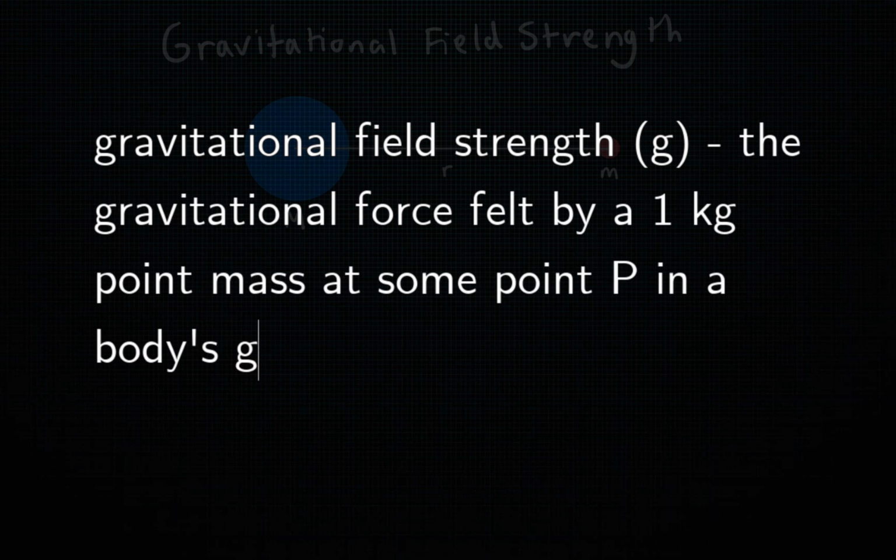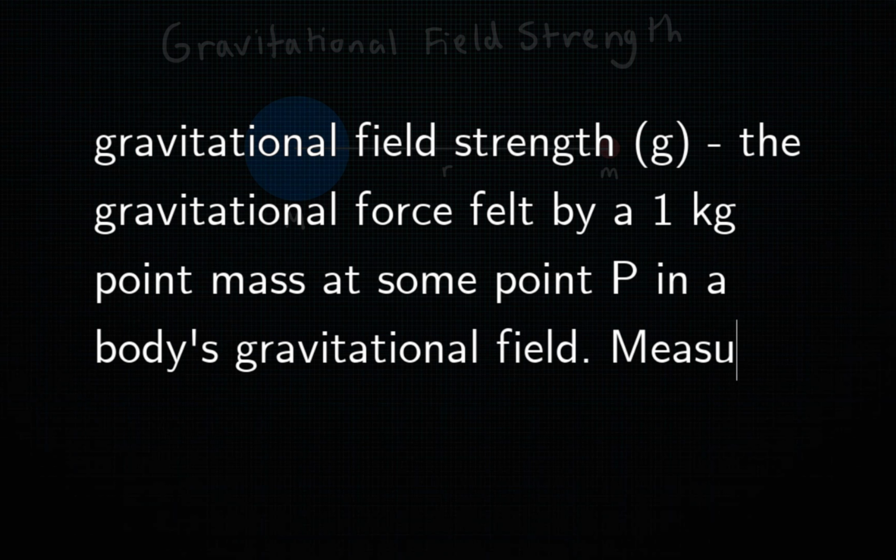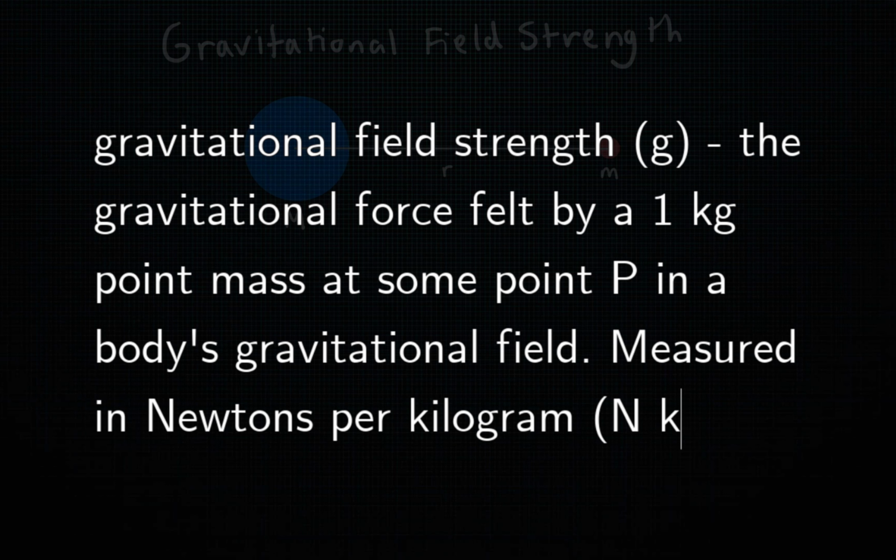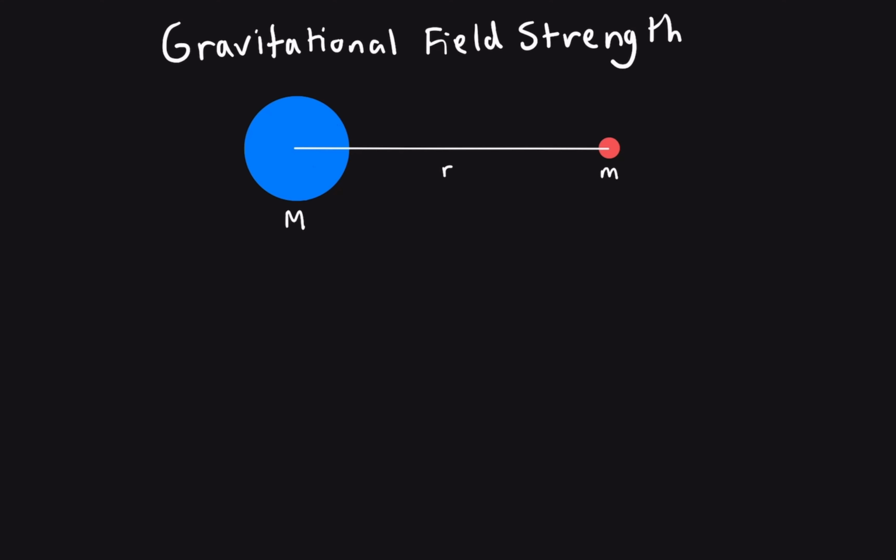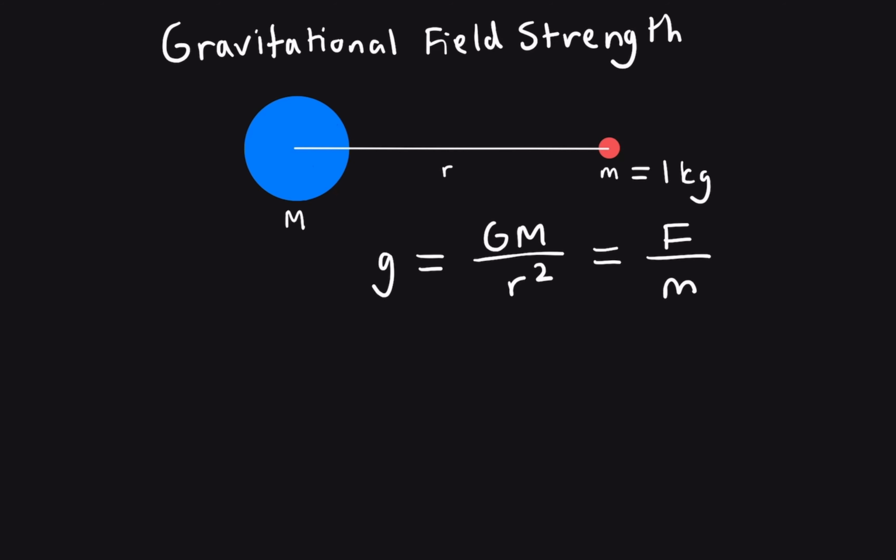So in essence, basically what you're doing in obtaining the gravitational field strength is using the same formula as before, but setting m to 1 kilogram. Because g, the equation for g is simply GM over r squared. So if you compare that to the previous formula, it's simply just taking F over m. So that's gravitational field strength, simple as that.